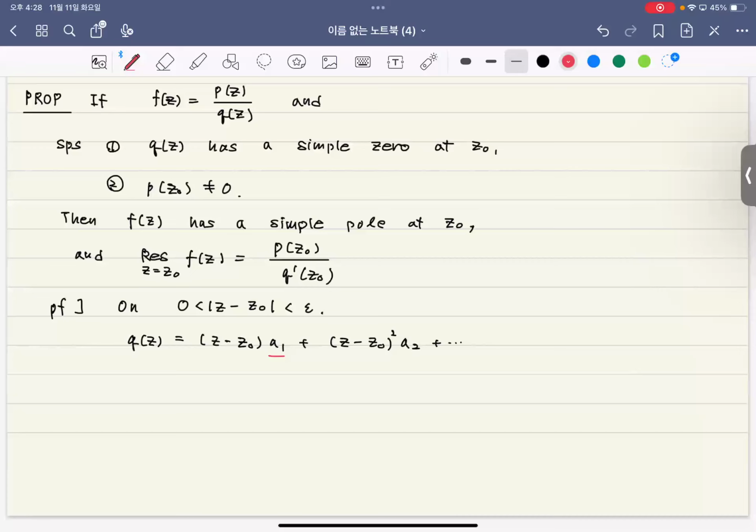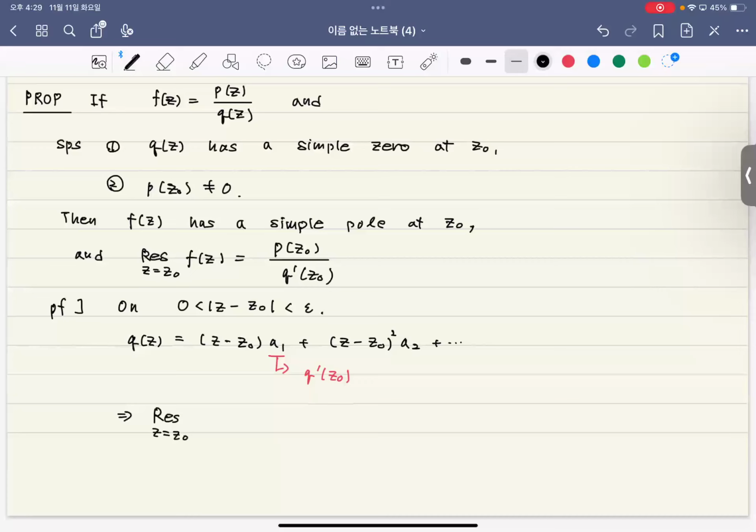Since this is actually the Taylor series of a function, this is, well, actually f prime of z0. Sorry, this is not f. I'm confused. This is q, okay? Now everything makes sense.